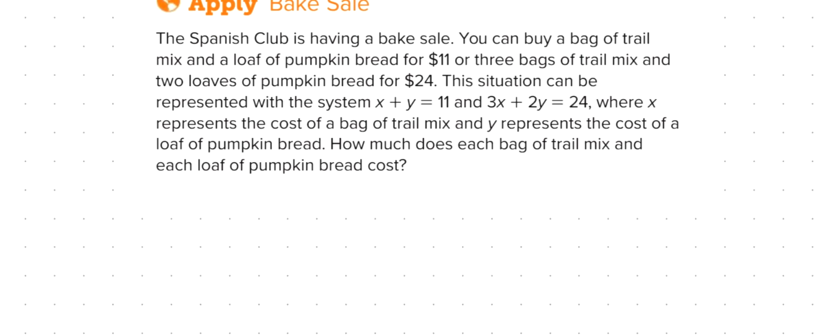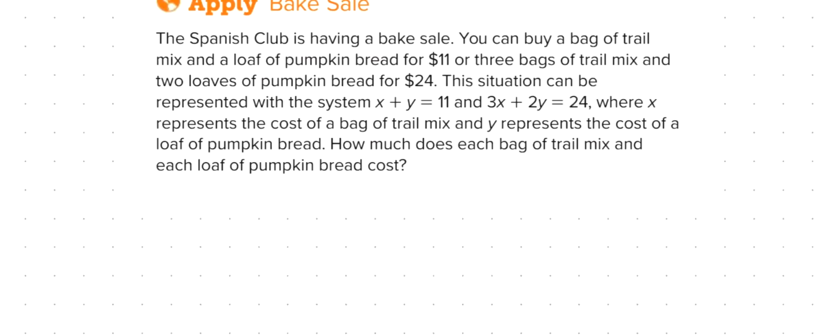This situation can be represented with the system of equations x plus y is equal to 11 and 3x plus 2y is equal to 24, where x represents the cost of a bag of trail mix and y represents the cost of a loaf of pumpkin bread. How much does each bag of trail mix and each loaf of pumpkin bread cost?